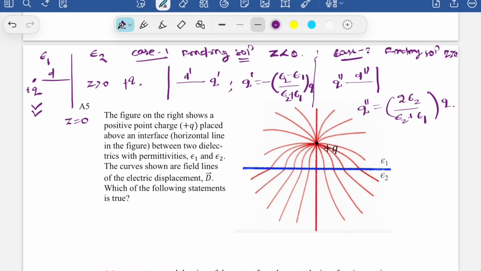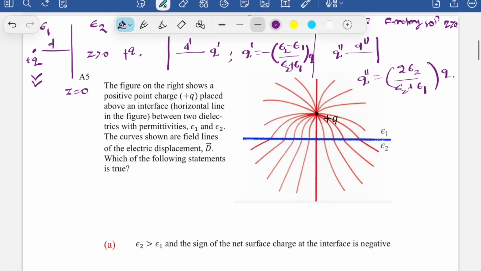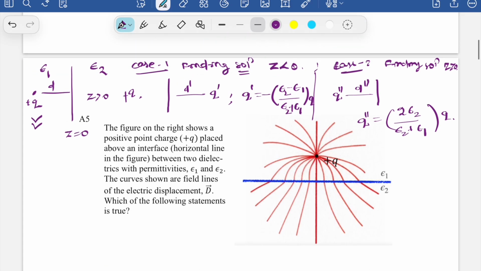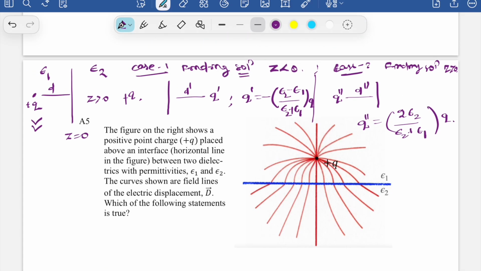Here you can see the field line for z greater than 0. Since there is a point charge, you would expect the field line to behave like this. It was always positive, so it would behave like this in this region. For z less than 0, there are two situations.